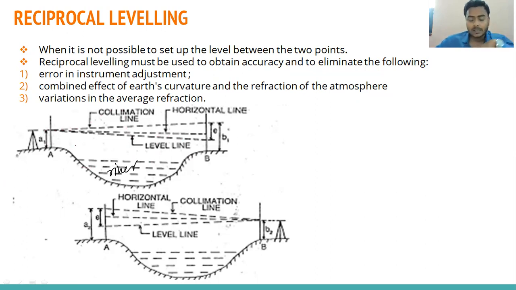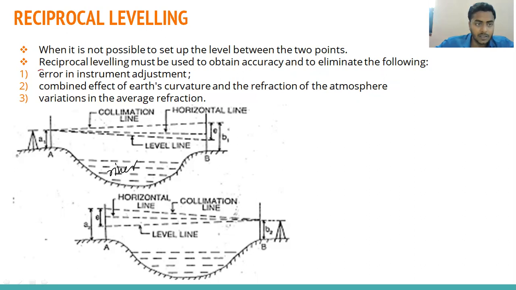Okay. So in this leveling, by doing the reciprocal leveling we can reduce the error due to instrumental, due to combined effect of curvature and refraction, and variation of average refraction.